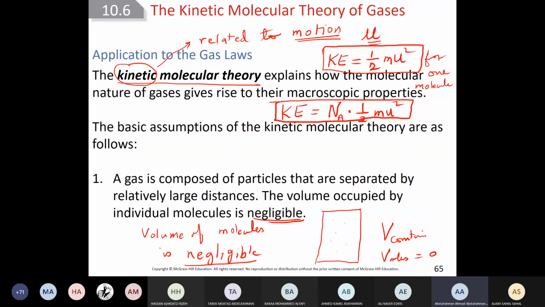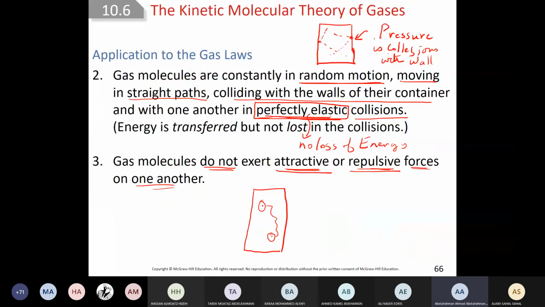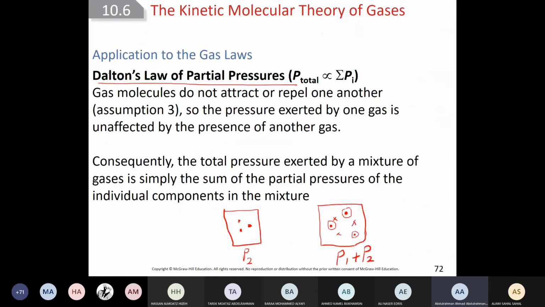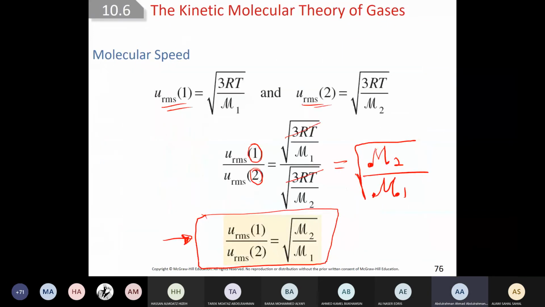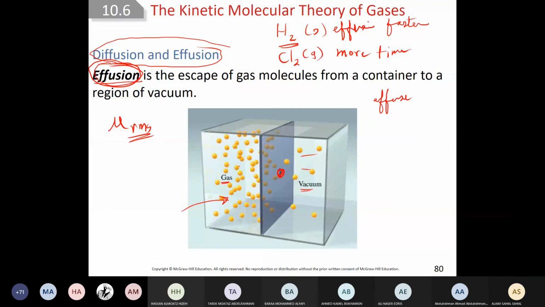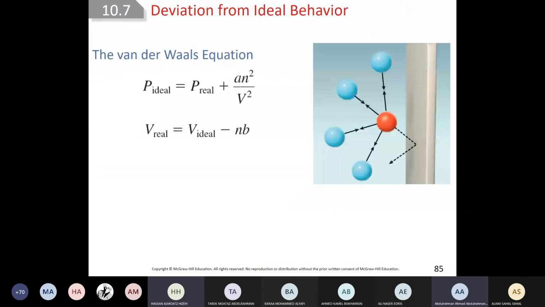They don't attract or repel or do anything with each other. Why? Because they're very, very far from each other. What will happen if you increase the pressure a lot? They will be closer, very close to each other, and as a result, they will repel and attract each other.